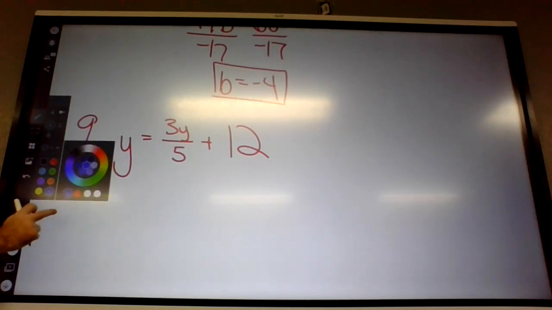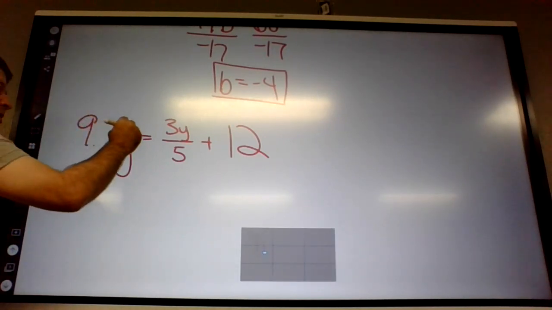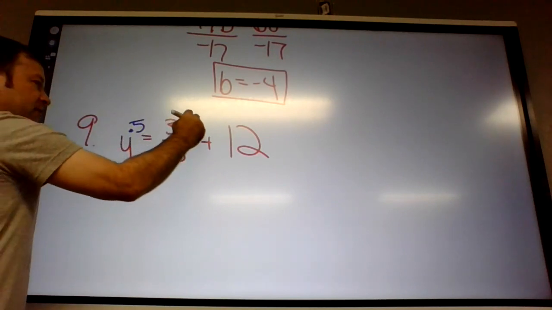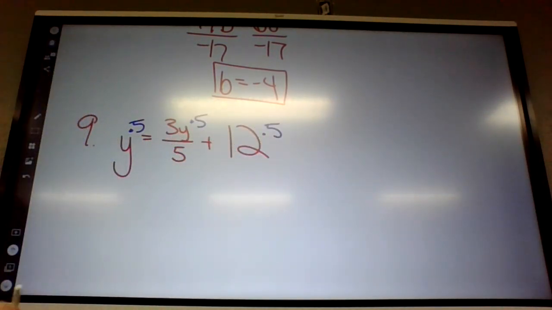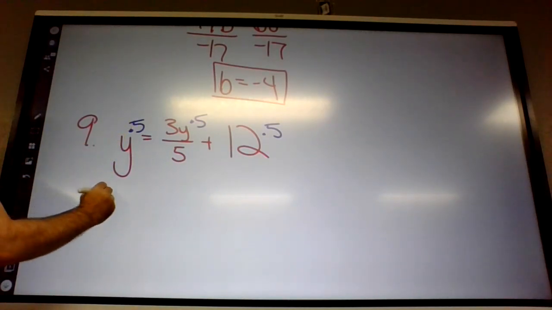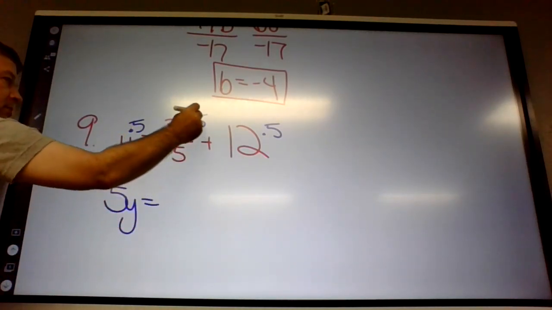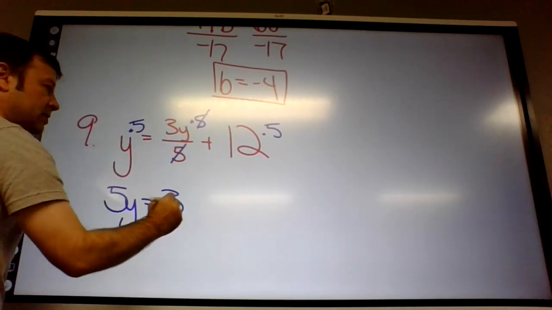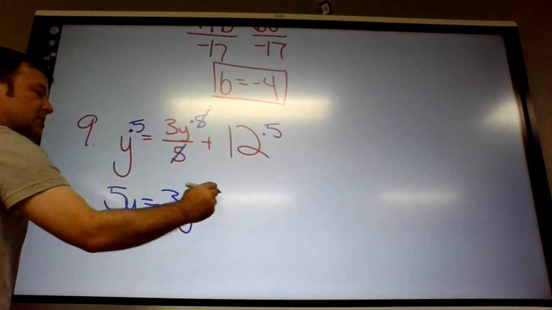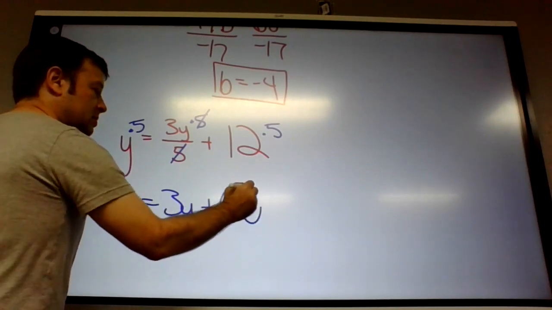Multiply by 5. There's only one denominator, so we don't really have to figure out what do they all go into. There's just a 5. So I'm going to multiply every term by 5, so I'm going to get 5y equals 3y plus 60.